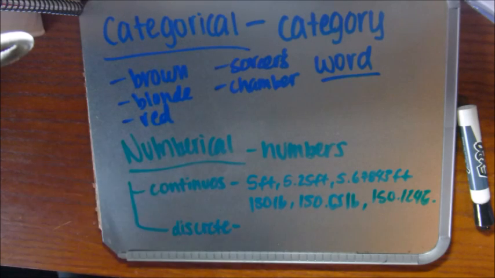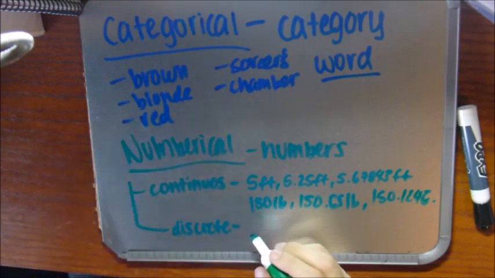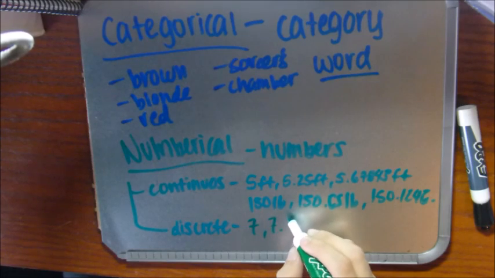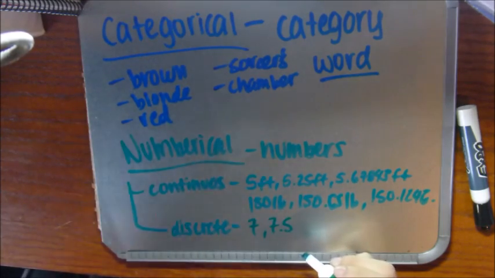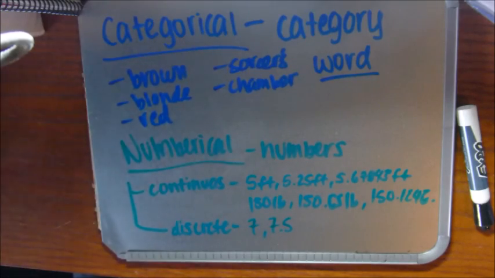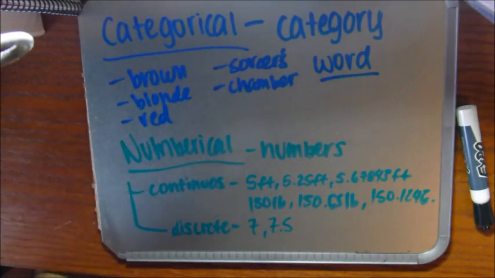Discrete numerical data, on the other hand, is numbers that are finite and come to an end. An example of that would be shoe size. You can be a 7, you can be a 7.5 even, but you can't go into the shoe store and ask for a 7.83 shoe. That's just not how it works.